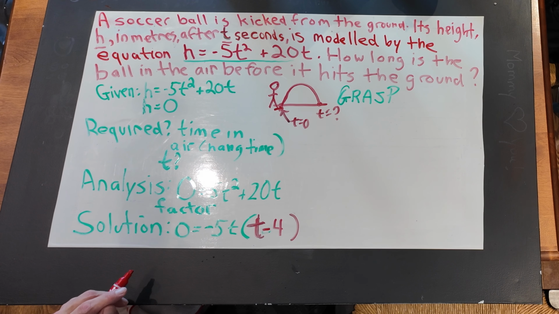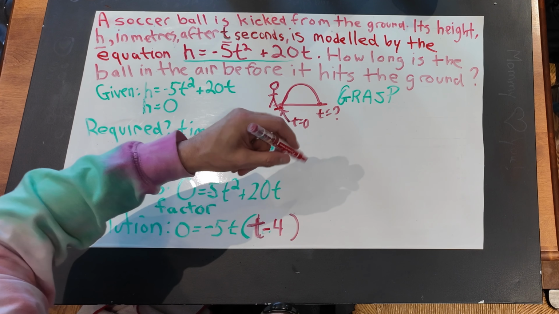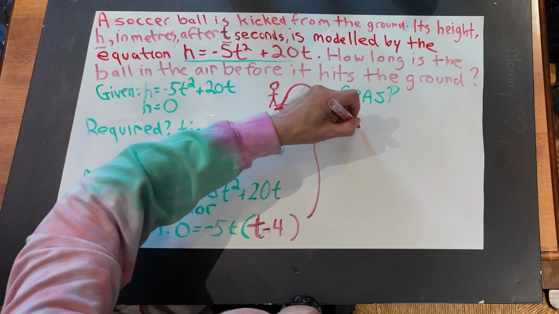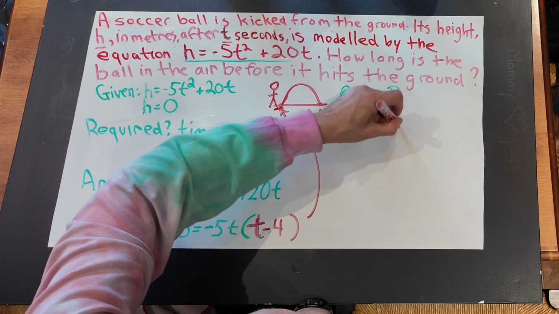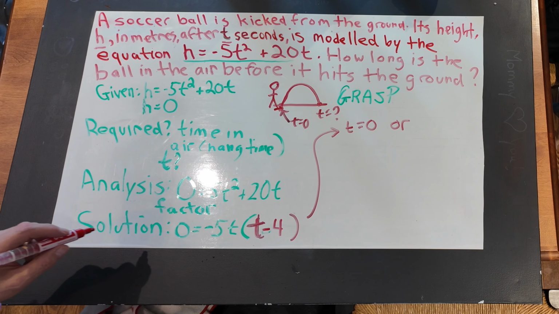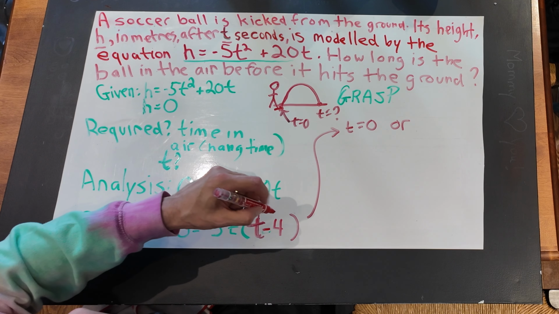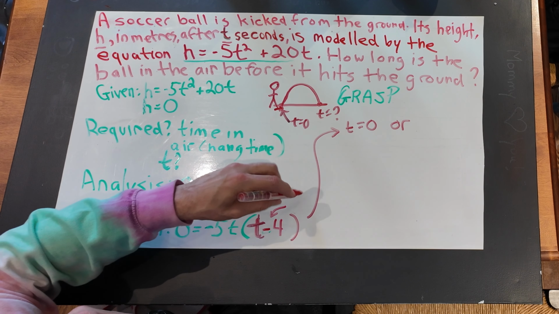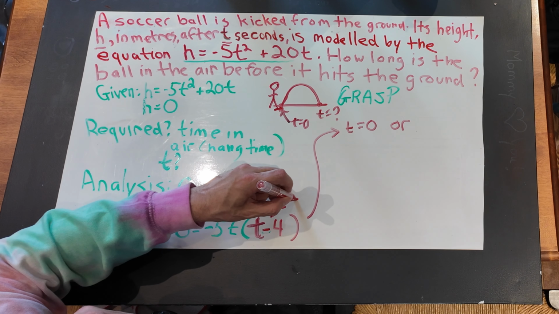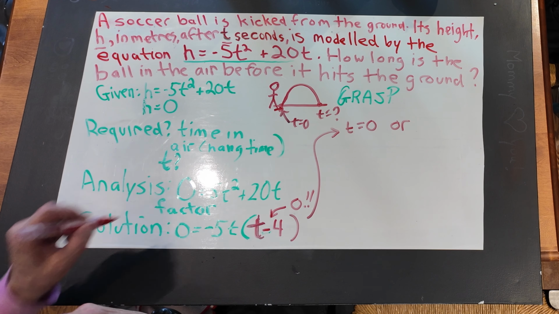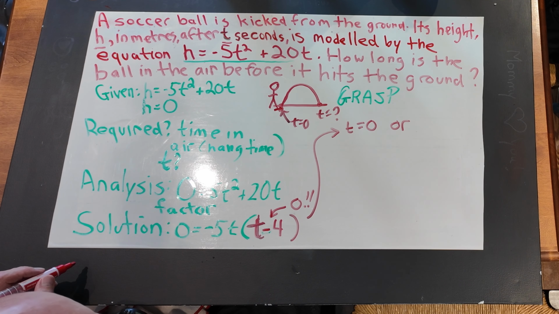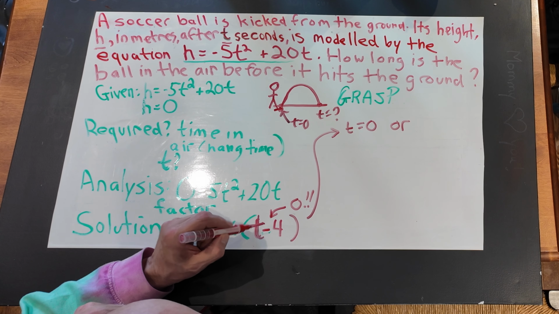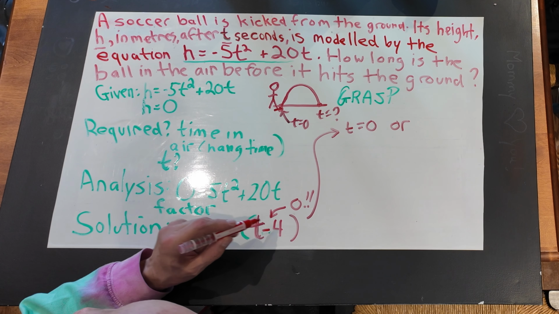So let's look at a next trick. Now t equals 0, or let's look at this number. How can I make what's inside the brackets 0? Because that's really the trick. I want to make what's inside the brackets 0. How? Well, if this was equal to 4, 4 minus 4 is 0.